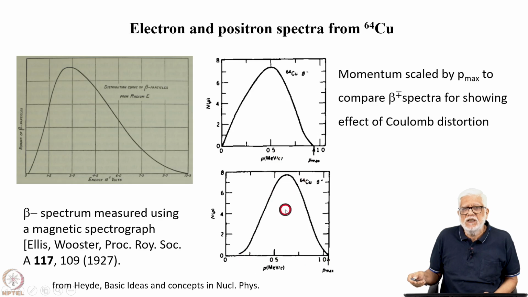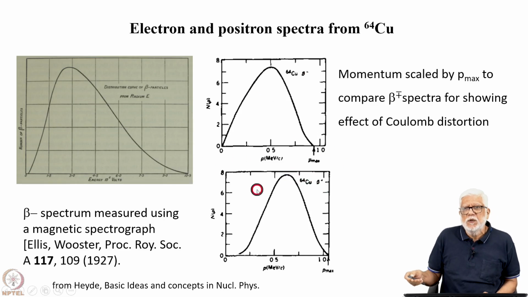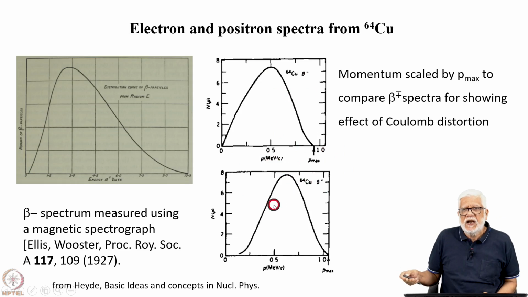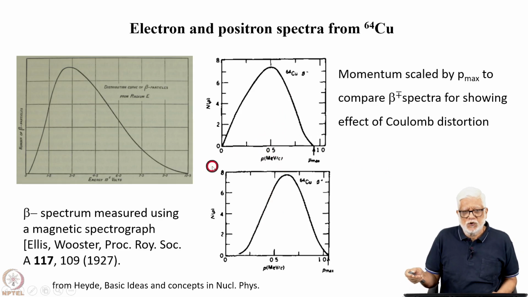Now you can see that in this normalized momentum spectrum, the peak occurs slightly on the higher side as compared to the beta minus. The beta plus peak appears slightly higher than the beta minus peak in this normalized spectrum, because the Q values are slightly different for these two decays. And this can be attributed to the effect of the Coulomb distortion on the electron or positron. Okay.